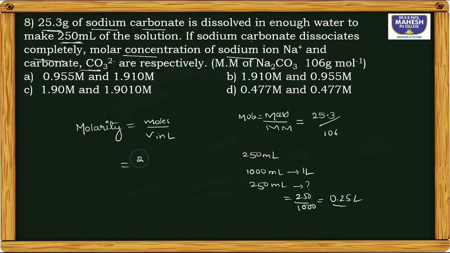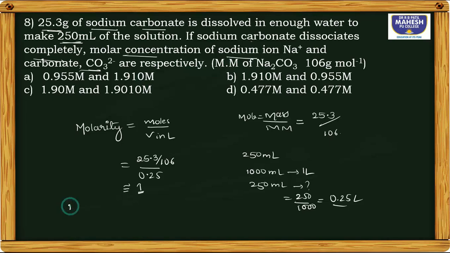So let us substitute: 25.3 divided by 106 and 0.25. Students, when I solve this, the value is going to be nearly equal to 1, less than 1 obviously.